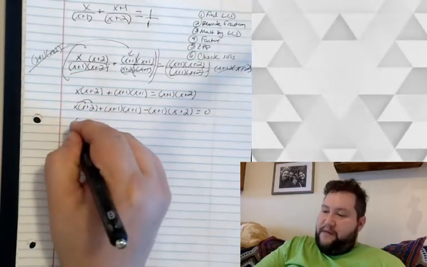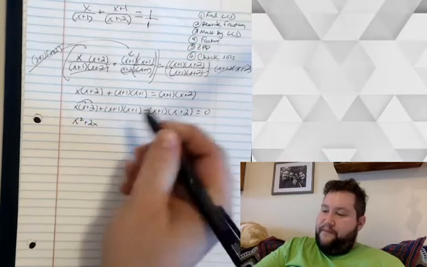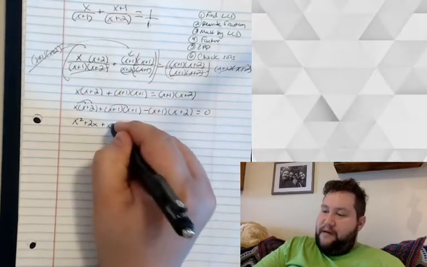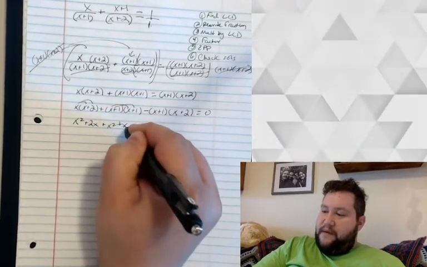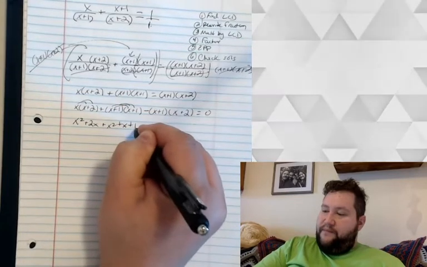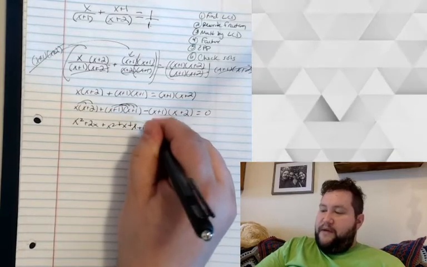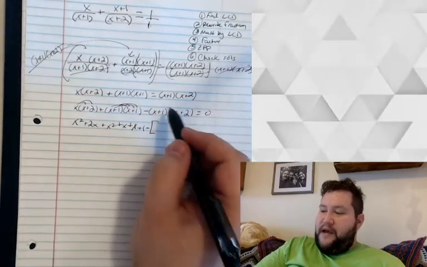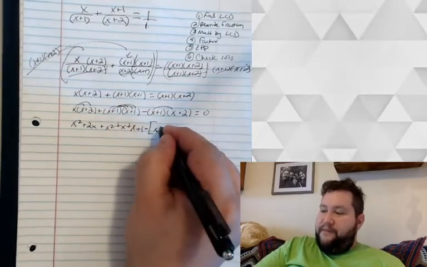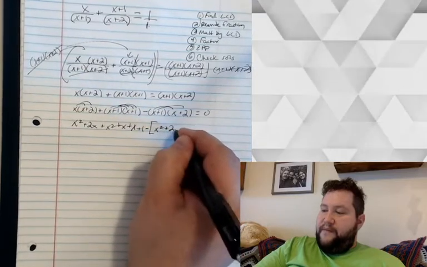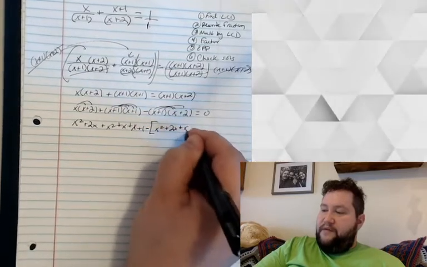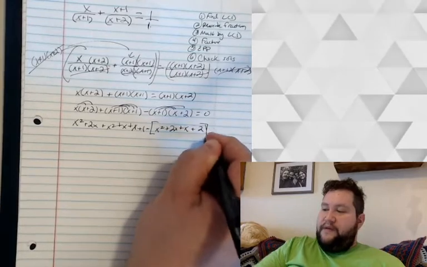x squared plus 2x plus x squared plus x plus x plus 1 minus, and I'm going to use a square bracket so I don't lose track of that negative sign, x squared plus 2x plus x plus 2 equals 0.